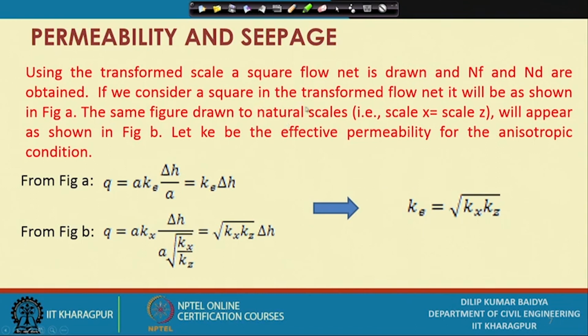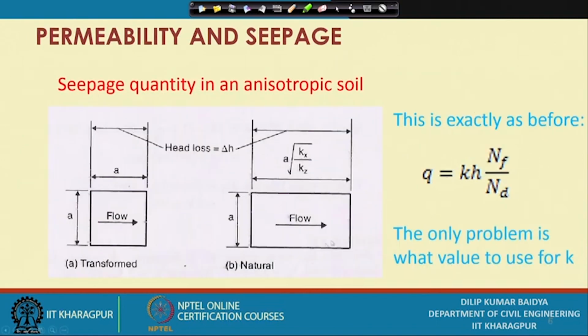If we consider a square in the transform flow net, it will be as shown in figure A, which I have shown already. The same figure drawn to natural scale, that is x and z, will look like figure B. That means if you draw it in natural scale it looks like this, and when transformed it looks like this.